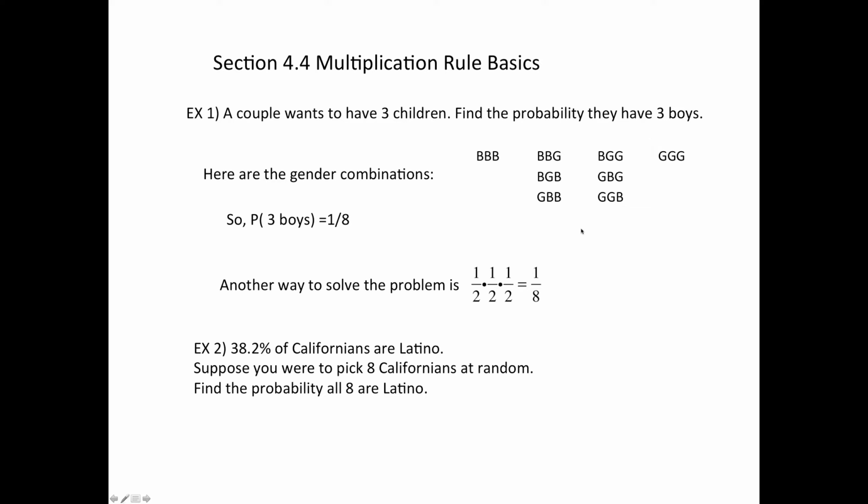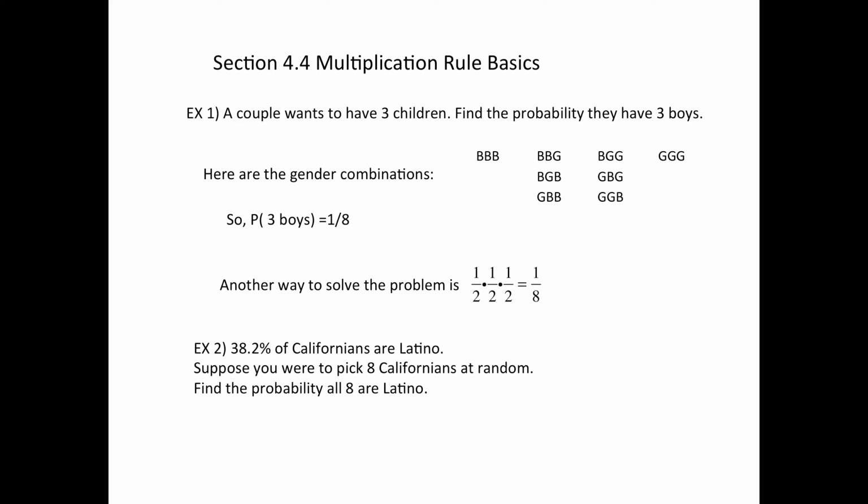Here's another example. I Googled and it told me that 38.2% of Californians are Latino. Suppose you pick 8 Californians at random. Find the probability all 8 are Latino. So we're going to have 8 in a row this time instead of 3 in a row. And for each one, we want them to be Latino.